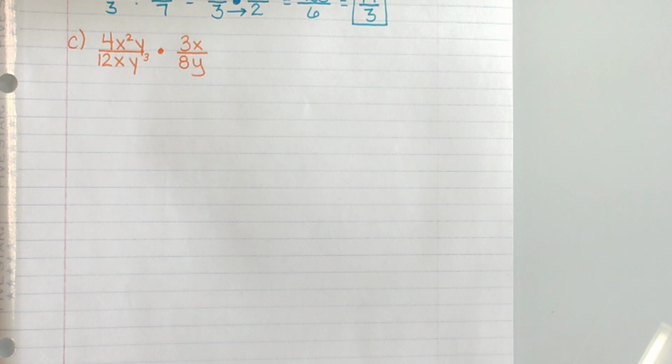When it comes to multiplying rational expressions, most of the time I don't simplify beforehand when it's monomials like this. I just straight up do the multiplication, and then I'll teach you a little hint to figure out how to simplify down if you're struggling with that.